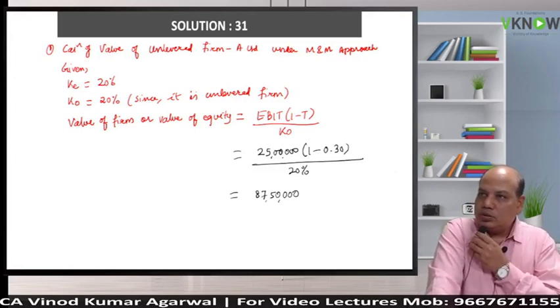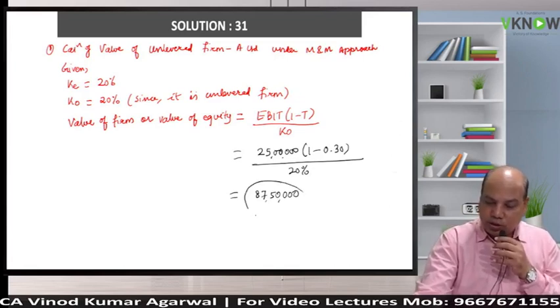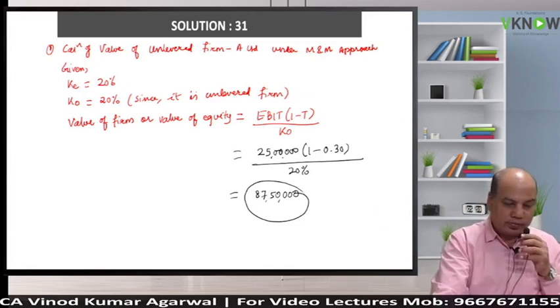Both are equal because there is no debt. Whatever is the value of equity is the value of the firm. So this will be used in the next answer. Now 87 lakh 50,000.